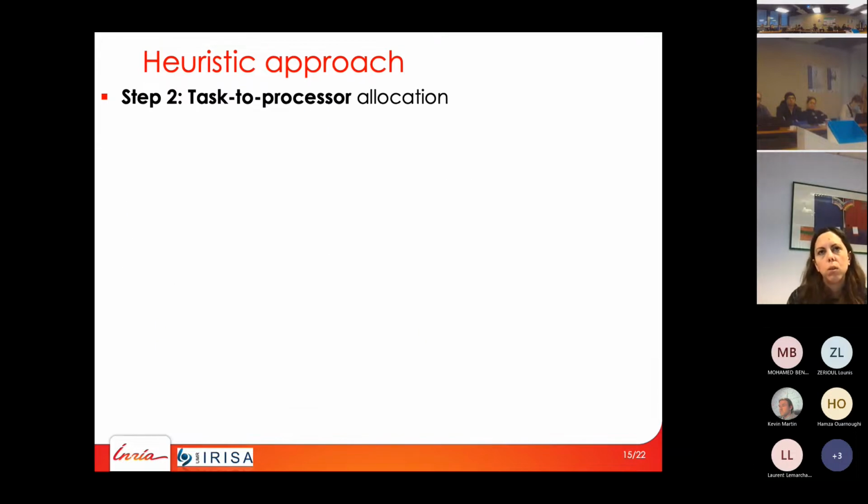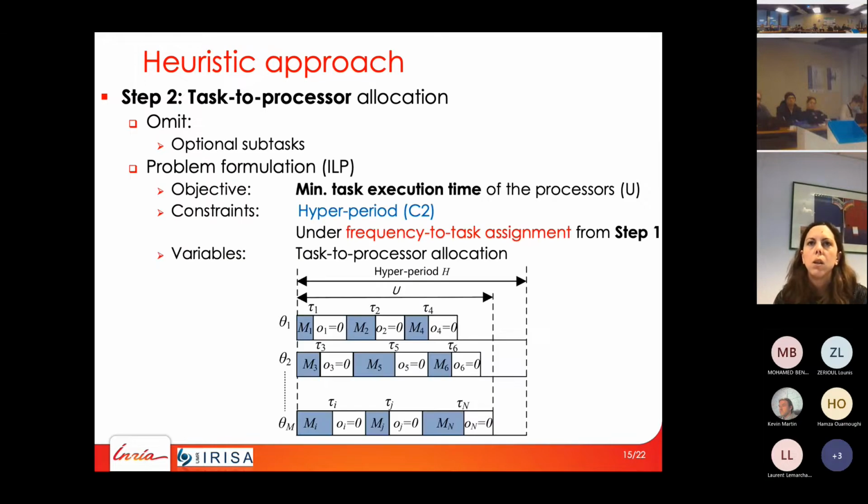So then we are going to the second step. Here we are doing the task to processor allocation, again considering only the mandatory tasks. So yeah, we are still omitting the optional subtasks. Our problem formulation is again an ILP, and the goal here is to minimize the task execution time of the processor. By minimizing the task execution time, we are preparing for the next step.